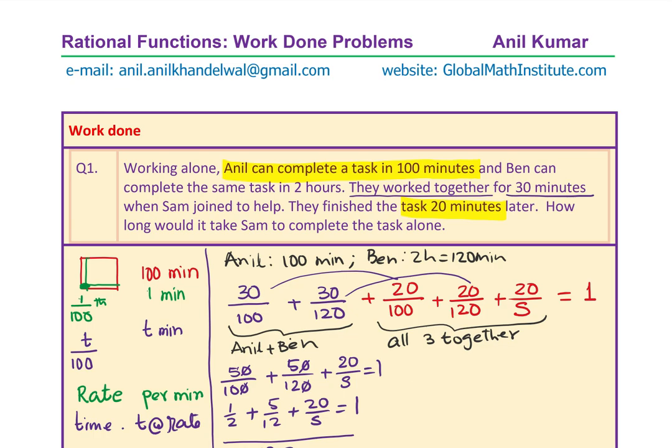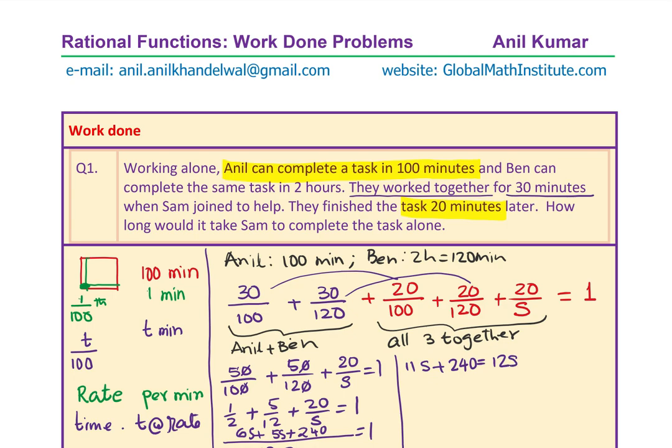In that case, the numerator here will be 6s plus 5s, and 12 times 20, which is 240, equals to 1. And now we can solve this equation. You get the idea. 6 and 5 is 11. So we get 11s plus 240 equals to 12s.